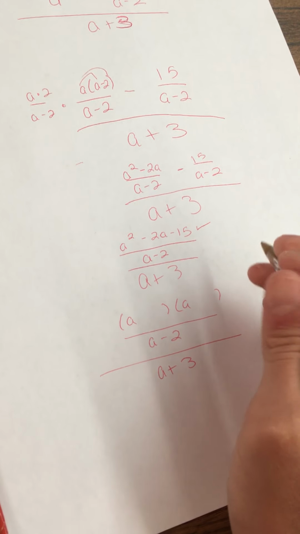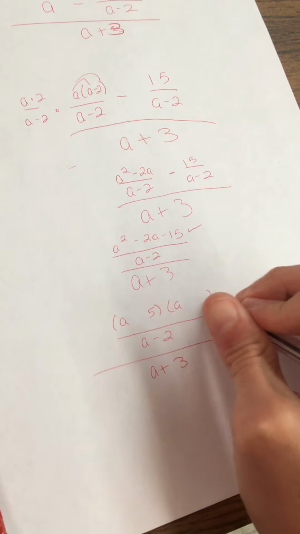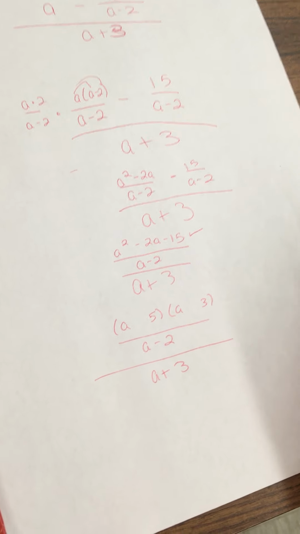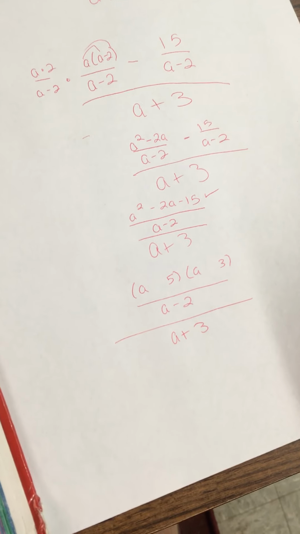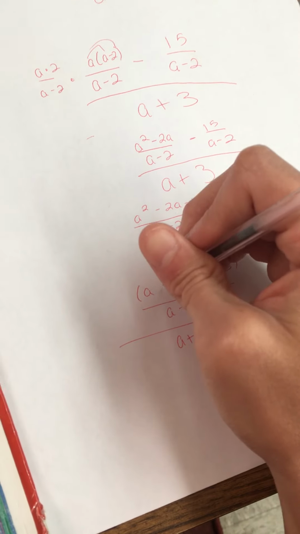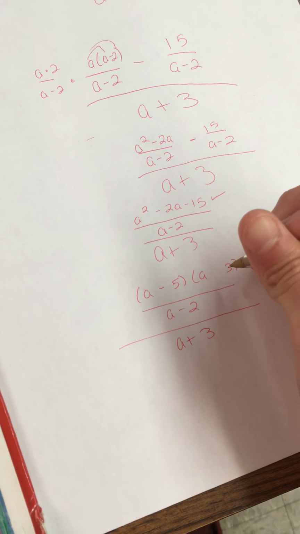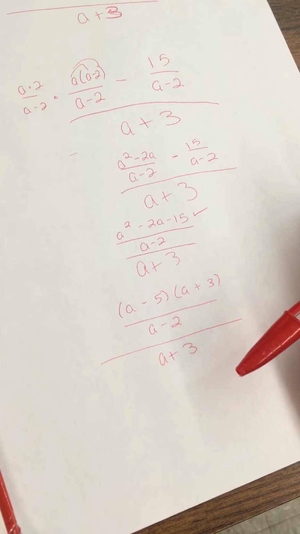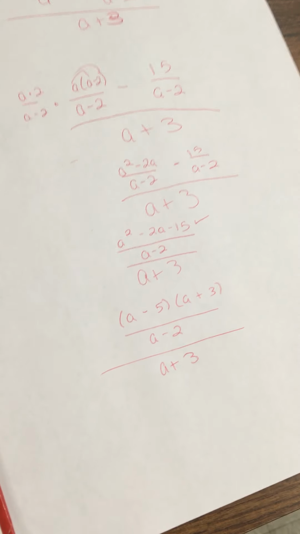I'm thinking of 5 and 3, right? 5 and 3 go into 15. They could also add or subtract to get negative 2. I'm thinking negative 5 and positive 3, right? So now we're in good shape.